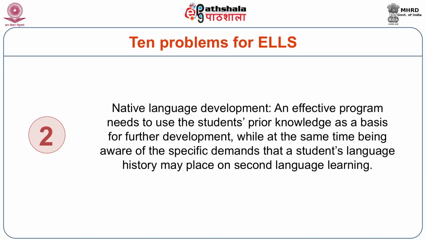An effective program needs to use the student's prior knowledge as a basis for further development, while at the same time being aware of the specific demands that a student's language history may place on second language learning. If the instructor of the second language learner is not guessing how proficient the child is in his native language, then it may create certain problems.